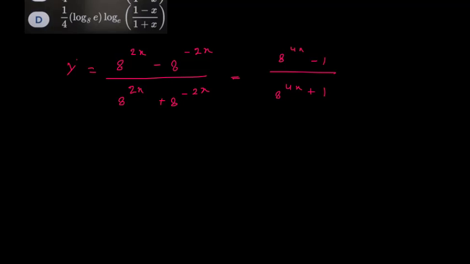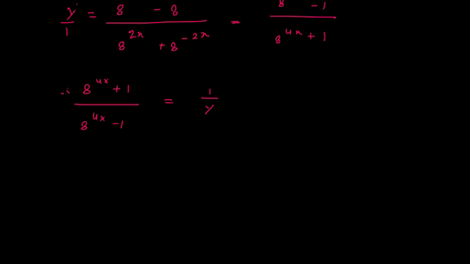Okay, then next I can cross multiply or use componendo dividendo. You know what componendo dividendo is? This is y upon 1. First I will reciprocate it, so I will say (8 power 4x plus 1) upon (8 power 4x minus 1) equals 1 upon y. Now when I apply componendo dividendo, I will get (8 power 4x plus 1 plus 8 power 4x minus 1) divided by (8 power 4x plus 1 minus 8 power 4x plus 1).